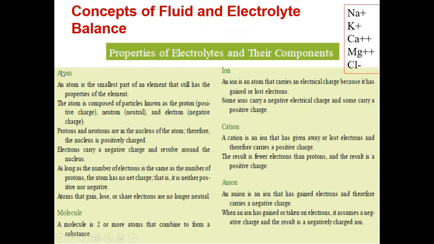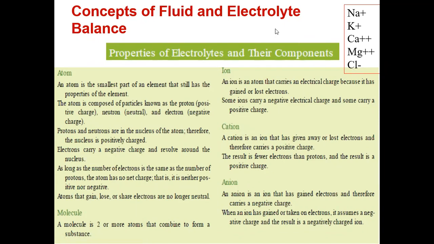So you see the keywords: atoms, molecules, ions, cation, and anions. In a short discussion, I want to tell you sodium, potassium, calcium, magnesium, and chloride.